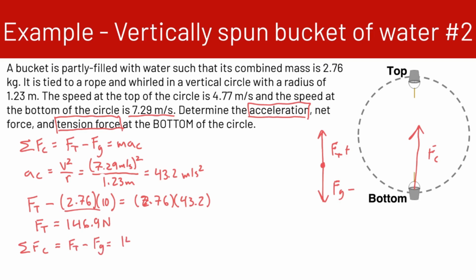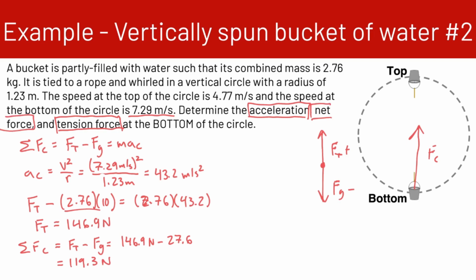So our tension force is 146.9 minus 27.6. That is the force of gravity. So then our sum of forces equals 119.3 newtons. Okay, so we've now done our net force.